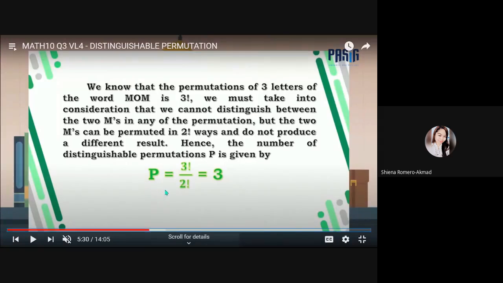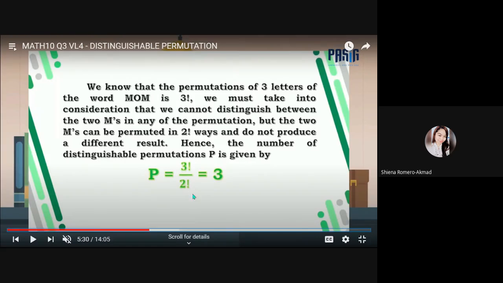Now, ang ginawa natin is that since the original solution for the permutation is 3 factorial, na dapat 3 factorial talaga yan kung magkakaiba sila ng letters. Kaya lang, there are 2 M's. That is, we cannot distinguish between the 2 M's kung alin yung nauna or pangalawa. So we have here 2 factorials.